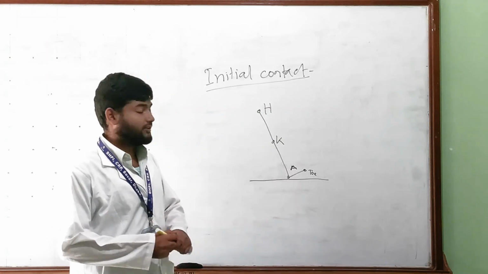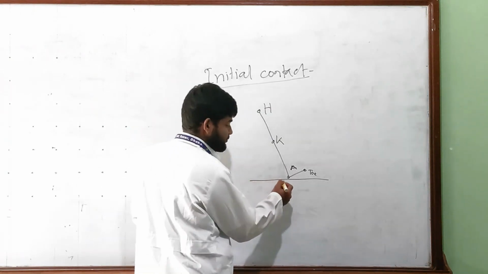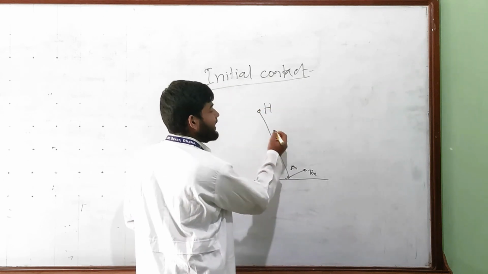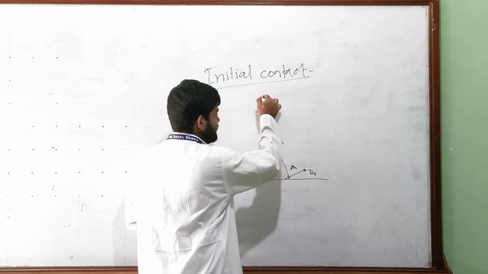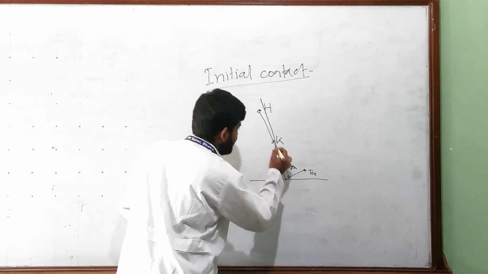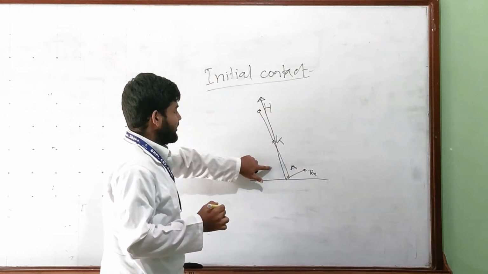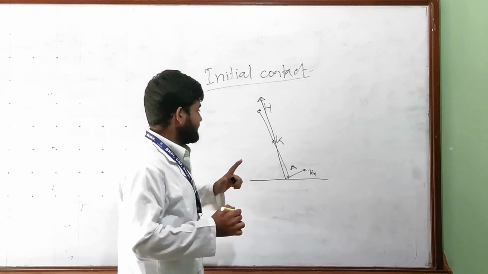For the initial contact, the ground reaction force goes posterior to the knee joint and anterior to the ankle and anterior to the hip. So it looks kind of like this. Because of this, we have our moments.